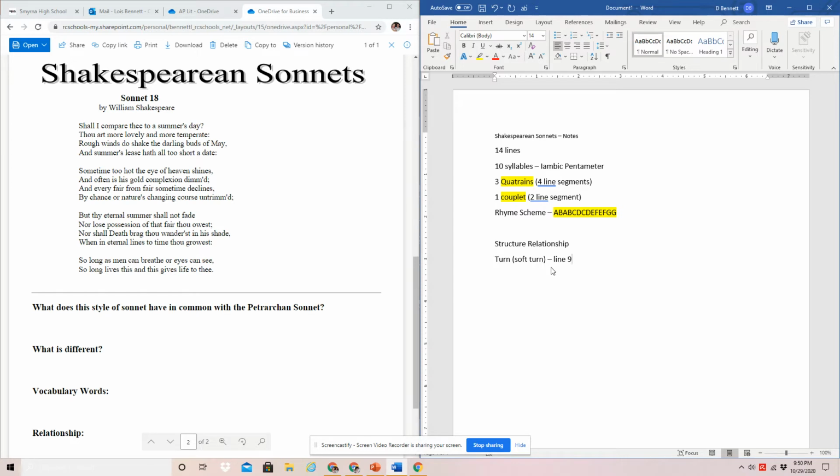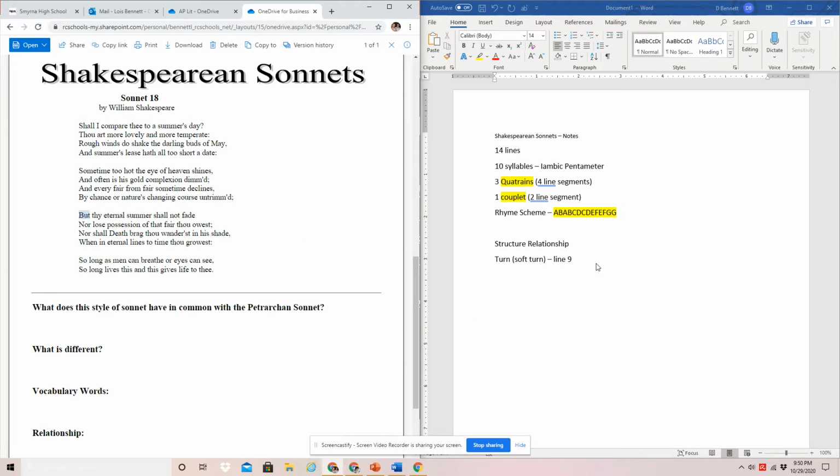In the Petrarchan sonnet, that was the beginning of the sestet. In the Shakespearean sonnet, that is at the beginning of the 3rd quatrain. And you can see that right here in Sonnet 18. There is the word "but," which is a good giveaway for a turn coming.